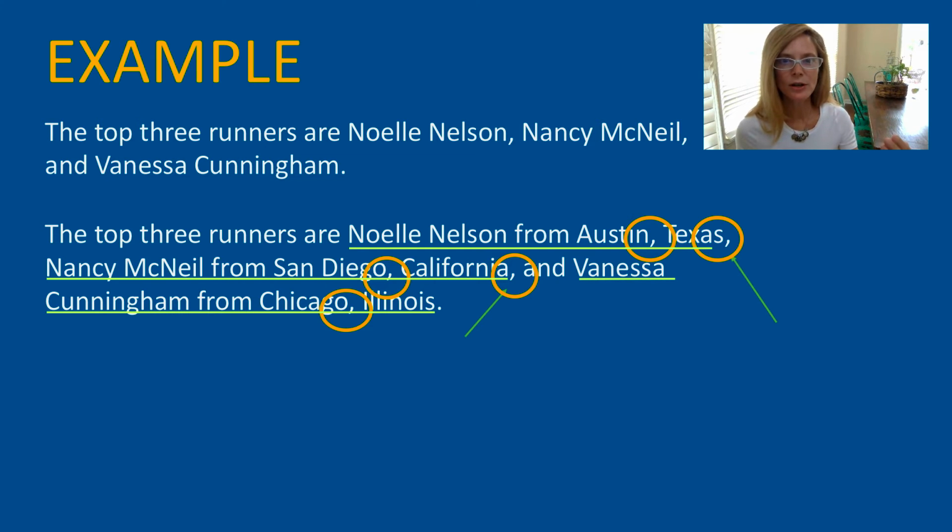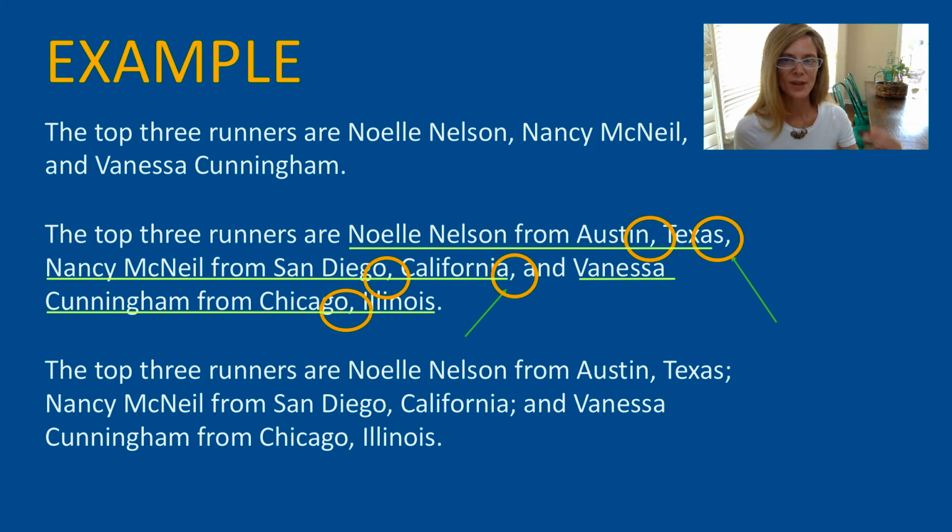So it would look like this. The top 3 runners are Noelle Nelson from Austin, Texas, semicolon after the first runner. Nancy McNeil from San Diego, California, semicolon. And Vanessa Cunningham from Chicago, Illinois.